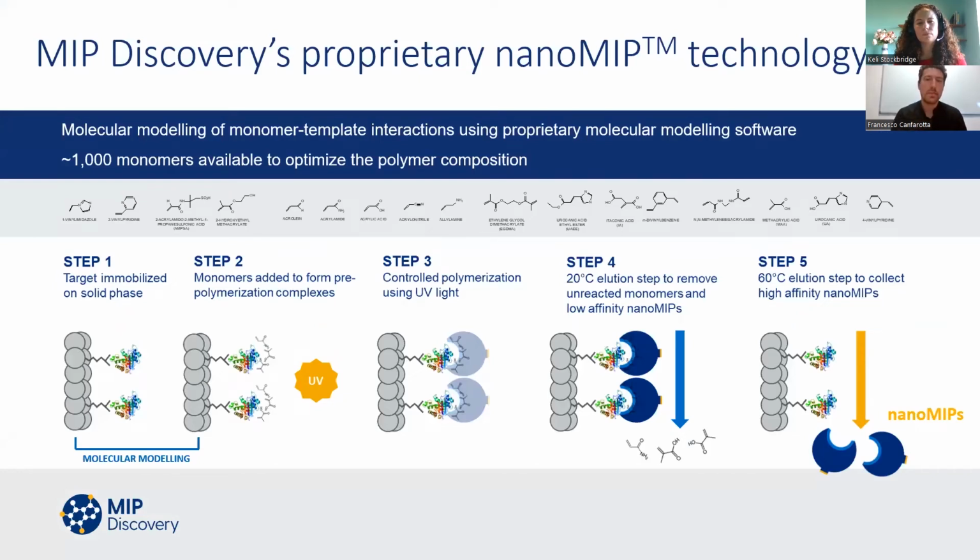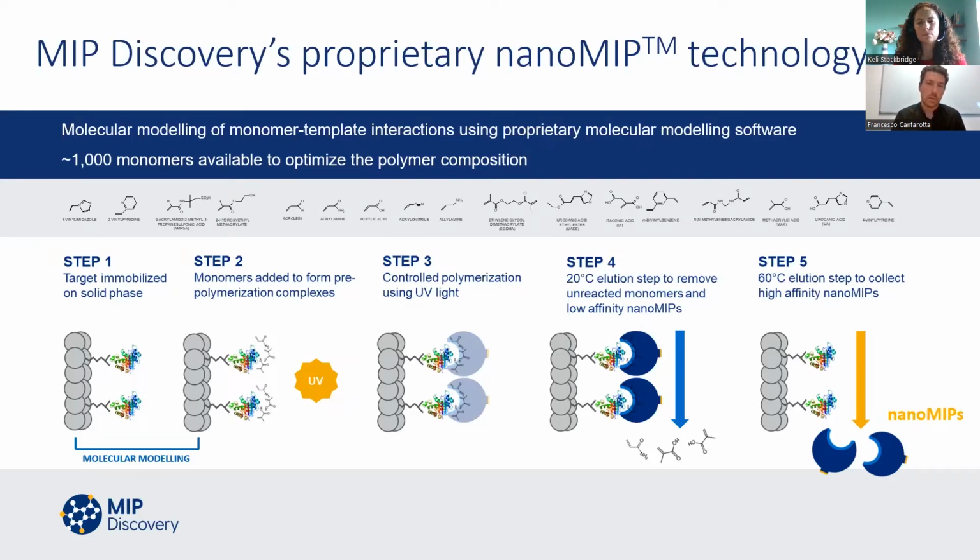Now, how nanoMIPs are produced here at MIP Discoveries. Before we delve into the more technical aspects described by the 5 steps in the bottom part of this slide, it's worth noting that the key to achieving a high affinity binder relies on the choice of the correct monomers. In order to do this, we make use of a very powerful molecular modeling software, which allows us to predict the best monomers to use in the manufacturing of nanoMIPs.